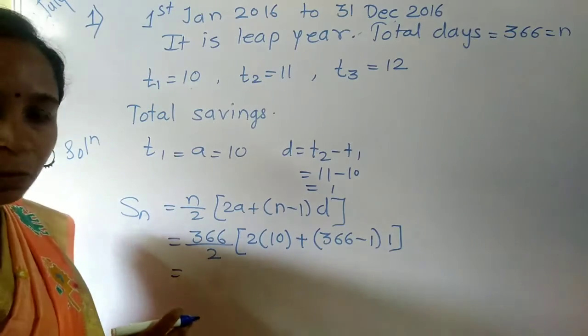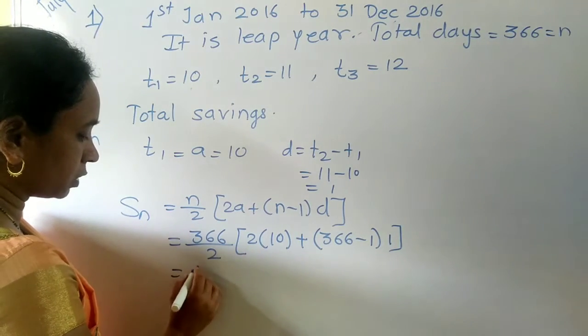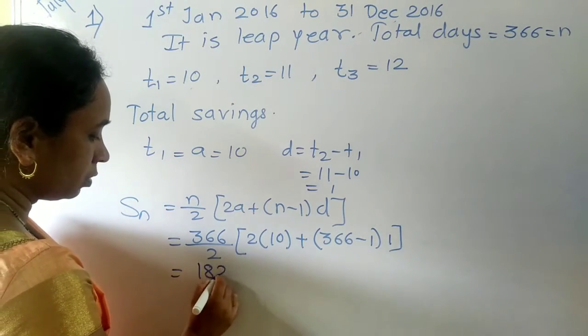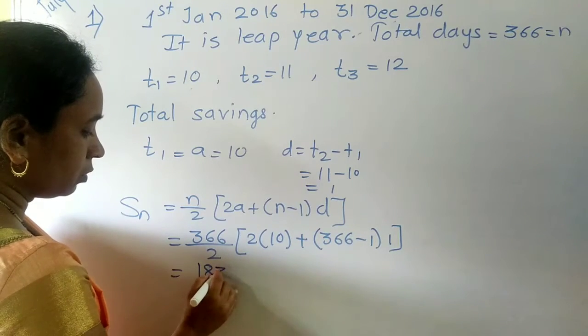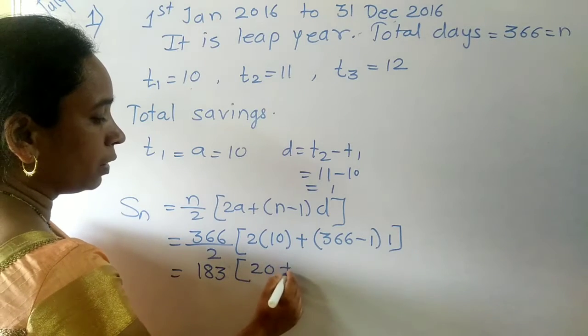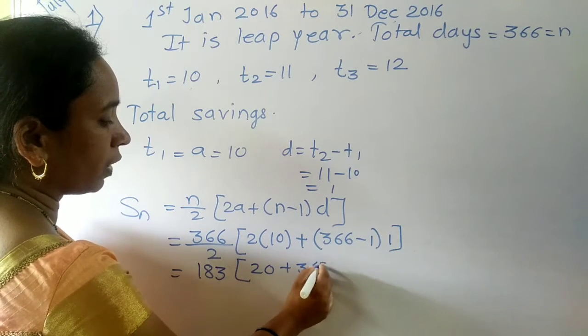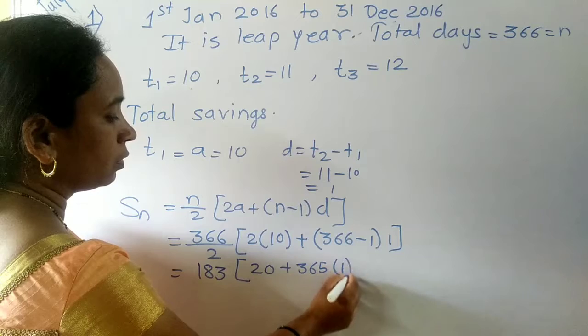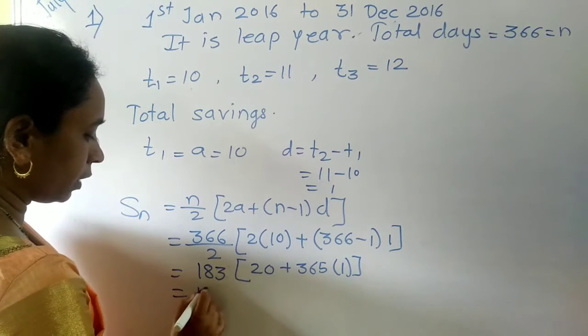This is divisible by 2. We will divide it, so we'll get 183. Multiply here 20 plus 365 into 1.